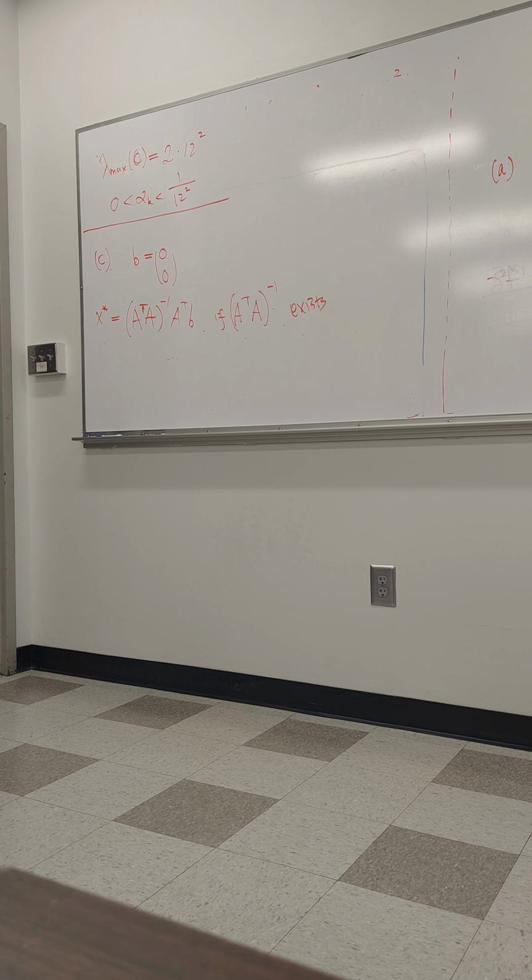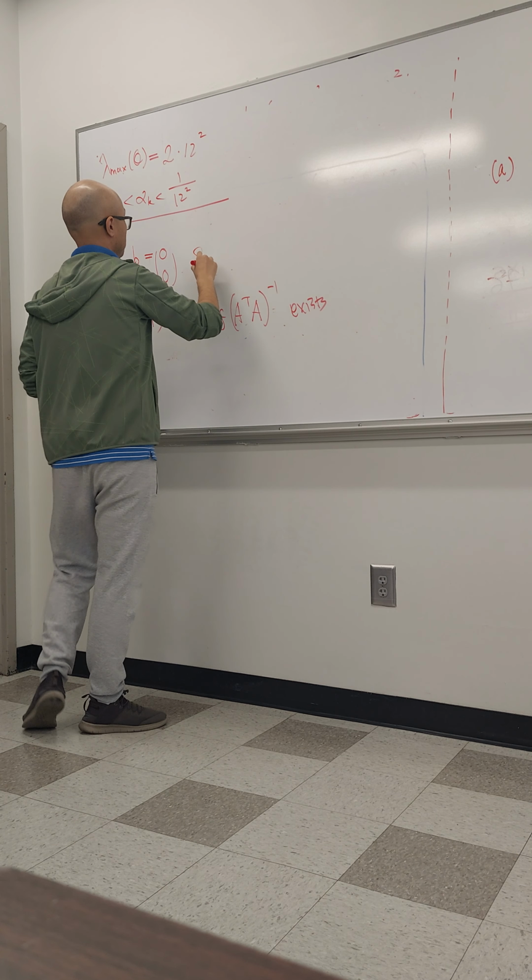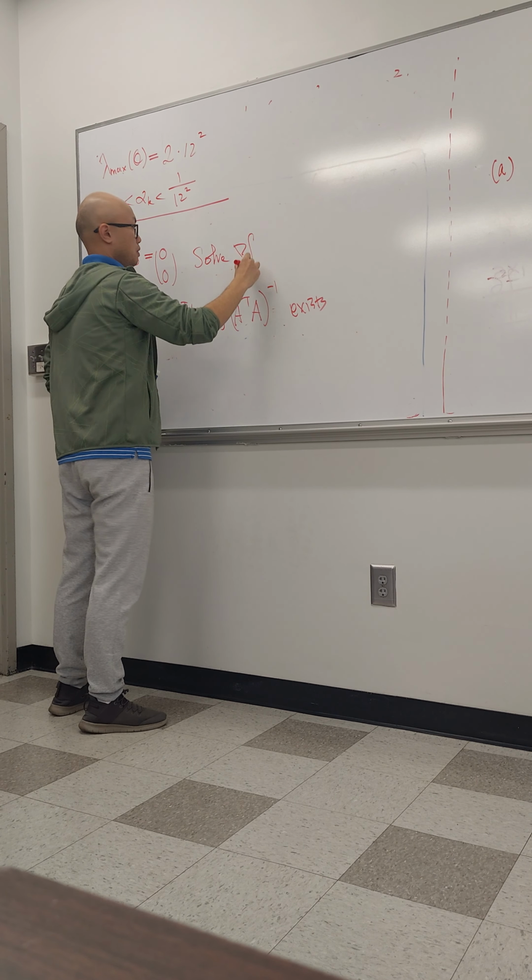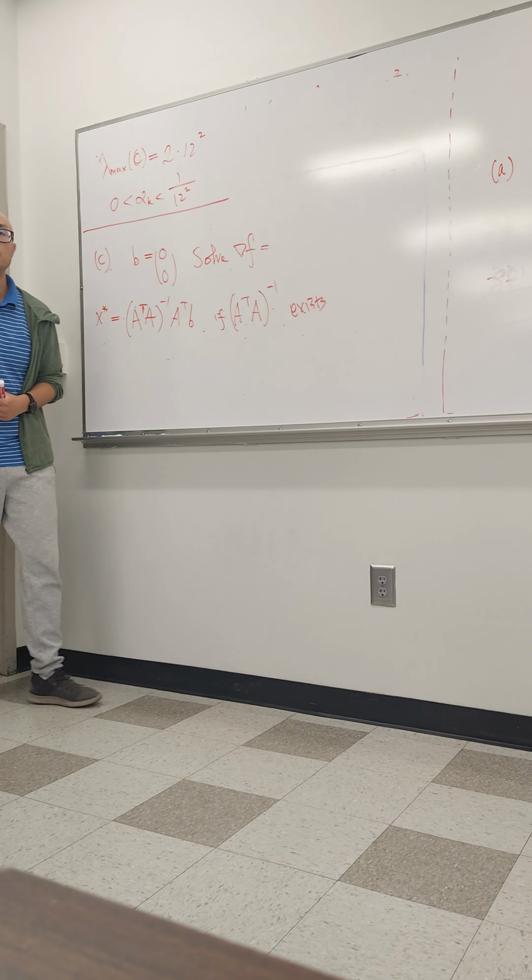I didn't understand this part, like x star equal to, how did you write it? Which part? The x star, the inverse one. Here. So we solve the first order necessary condition.